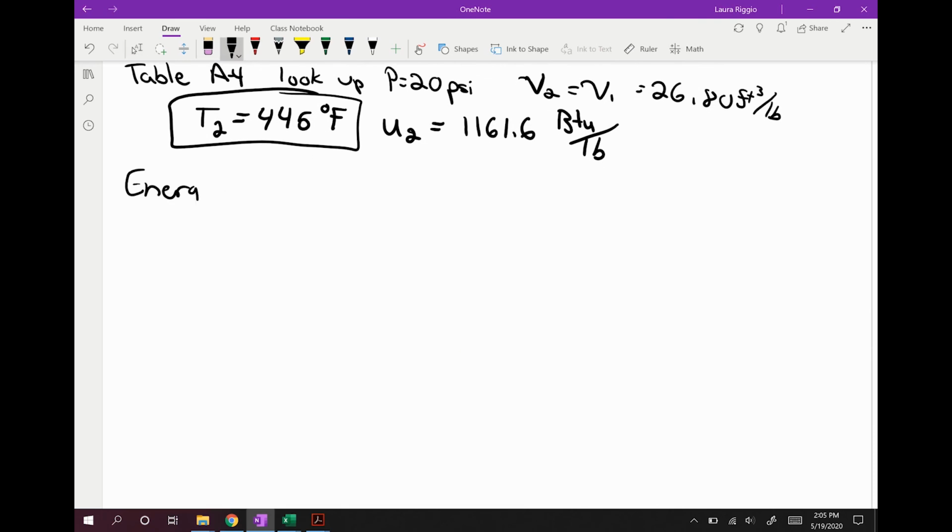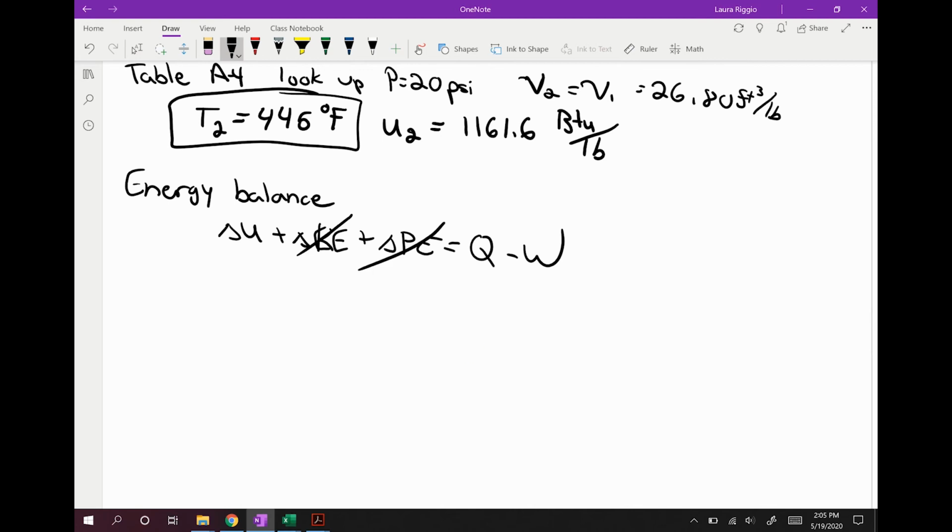Now I'm going to do an energy balance. We know that our change in internal energy plus our change in kinetic energy plus our change in potential energy is equal to our heat minus our work. There's no changes in kinetic or potential energy since we have no moving parts, nor is the system itself moving.